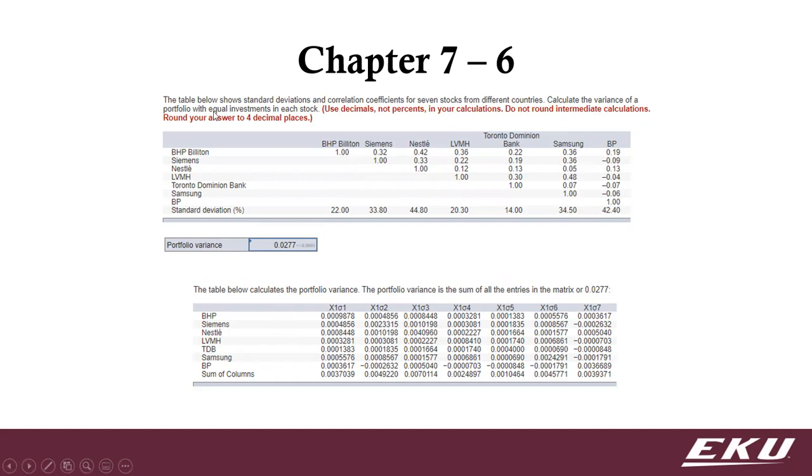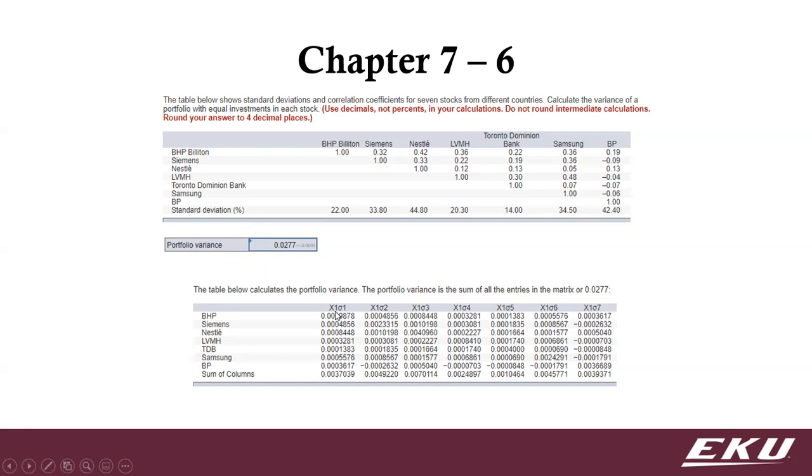Calculate the variance of a portfolio. Okay, so we are going to put 1, 2, 3, 4, 5, 6, 7. Right, there's 7 of these, so 1/7 of all of our money goes into these, and then we have all of these cross correlations with each other.